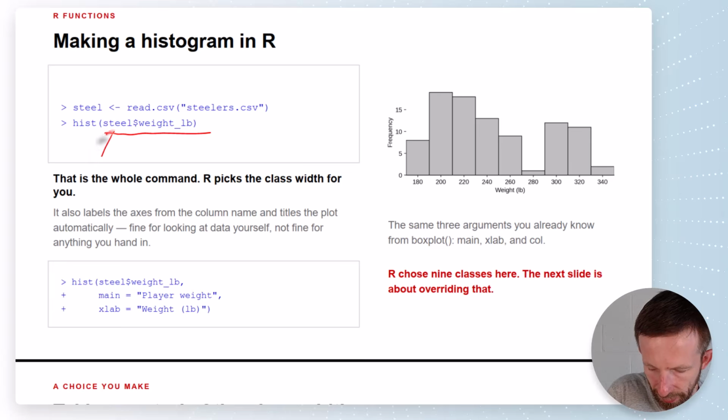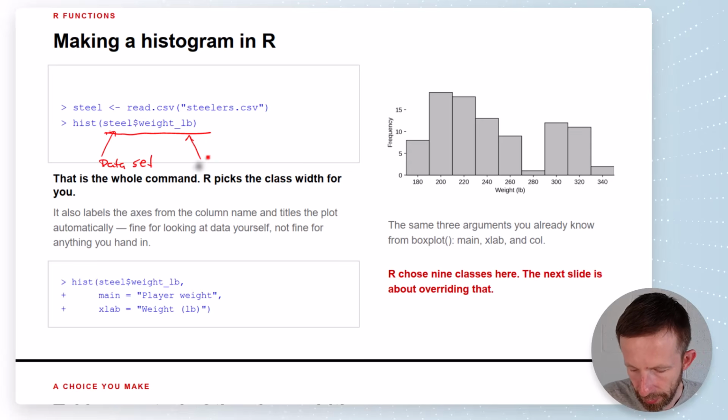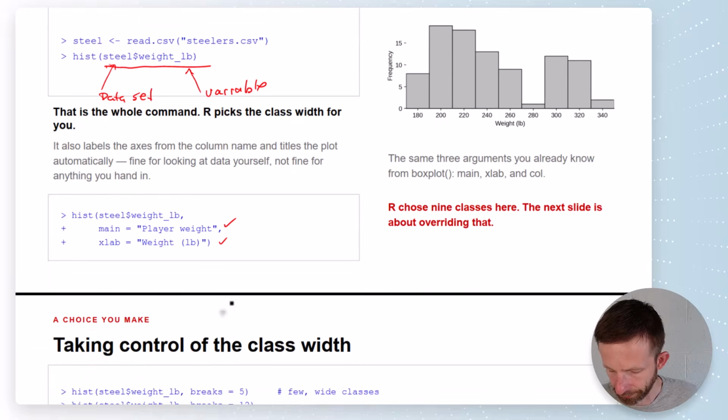We've got the data set, and we've got the variable of interest. We can also, like I said, change the main title and change the label.